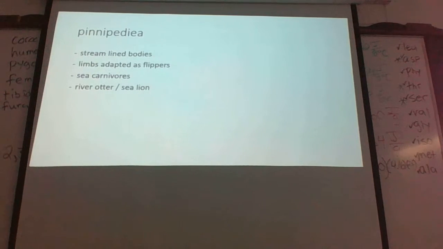Okay, here are our sea carnivores, and we're talking about Pinnipedia or pinnipeds. Okay, your river otters, your sea lions, those are examples then, as you can see, sea carnivores. So that would be a very common way of looking at that, just the idea of lion, and know that that's going to be a type of carnivore. Again, these are not land, well, it can be land dwelling.